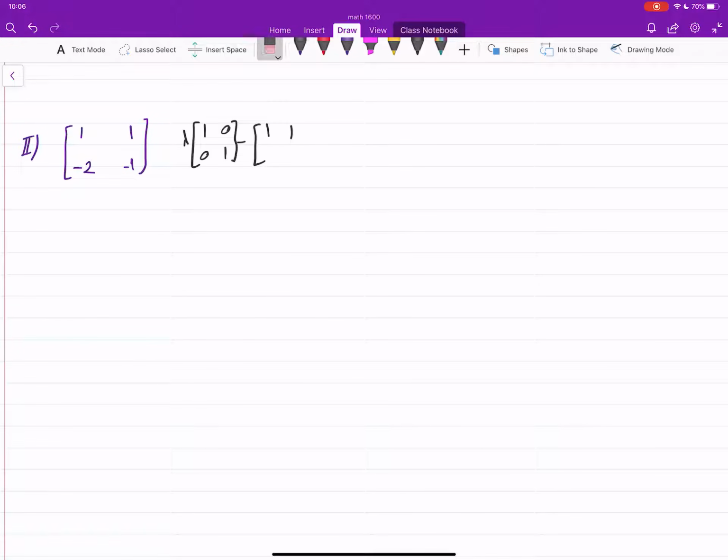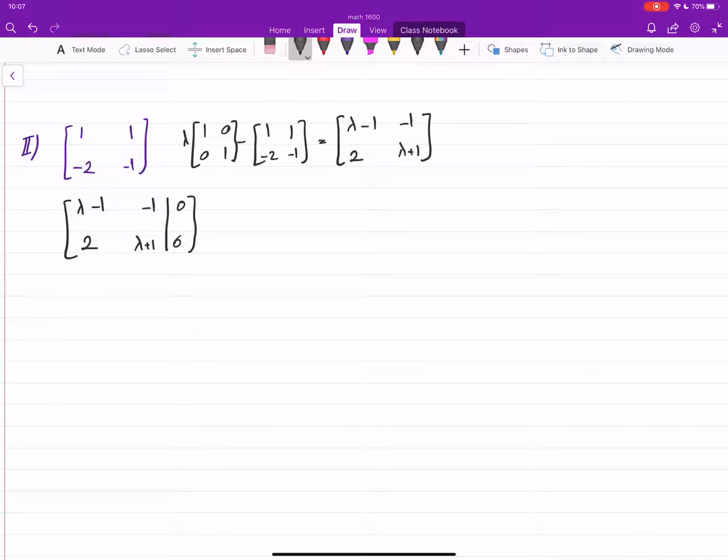By the way, this trick will work for any n by n matrix, but in higher dimensions you may need to do more computations than just the one you're seeing for 2 by 2. So lambda plus 1. We are trying to see for what values of lambda this augmented matrix will have non-trivial solutions.